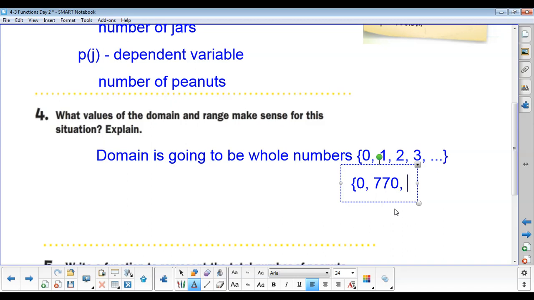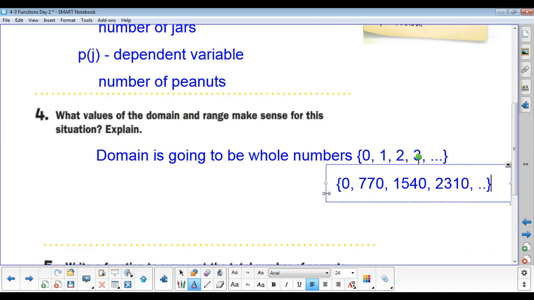If I had 2 jars of peanut butter, it would be, give me just a second, 1,540 peanuts. And if I had 3, it would be 2,310. And that would keep going as well.